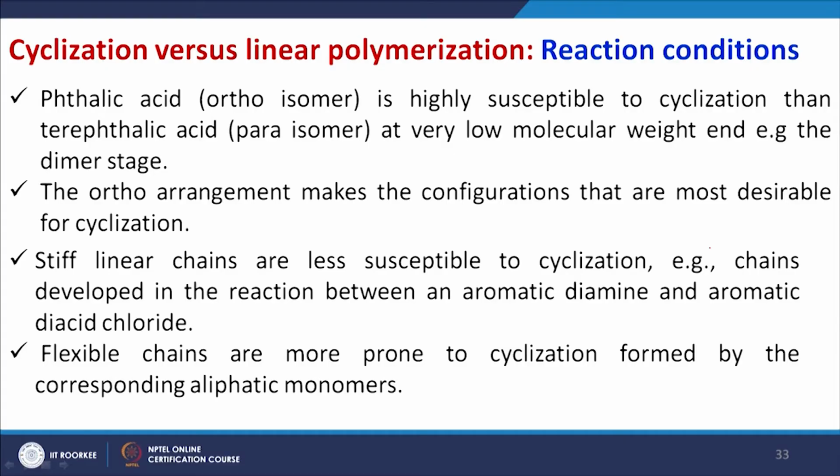Now, monomer structure is another criterion that affects the competition between the cyclization and linear polymerization. The phthalic acid, that is the ortho isomer, is highly susceptible to cyclization compared to terephthalic acid, usually referred to as the para isomer, at a very low molecular weight, that is the dimer stage.